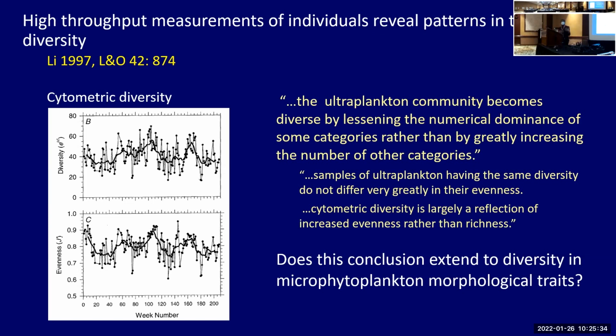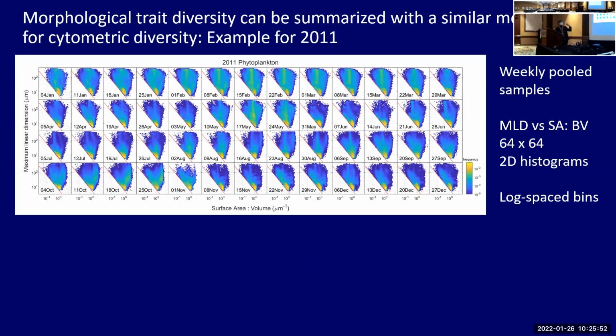So I was really intrigued by this framework. It looks like a good way of summarizing a lot of complex data to look at summary metrics of morphological diversity. And I wanted to explore whether this conclusion about the importance of evenness extended to larger phytoplankton with these more complex morphologies. So back to the Lewis framework, you can do these analyses that Bill Lee did in multidimensional trait space.